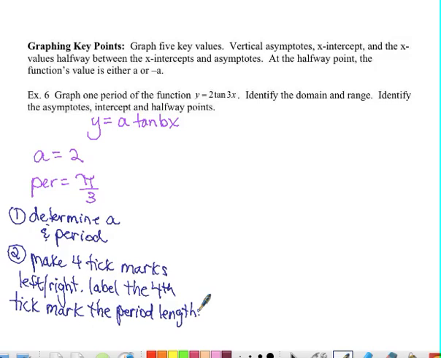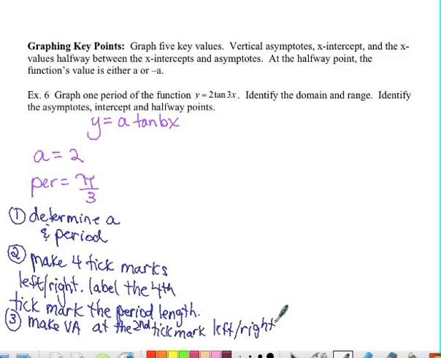Okay, so again, step 1, determine A and the period. Step 2, make 4 tick marks left and right. Label the 4th tick mark the period length. Number 3, make vertical asymptotes at the 2nd tick mark, left and right. Okay, step 3, make vertical asymptotes at the 2nd tick marks, left and right.